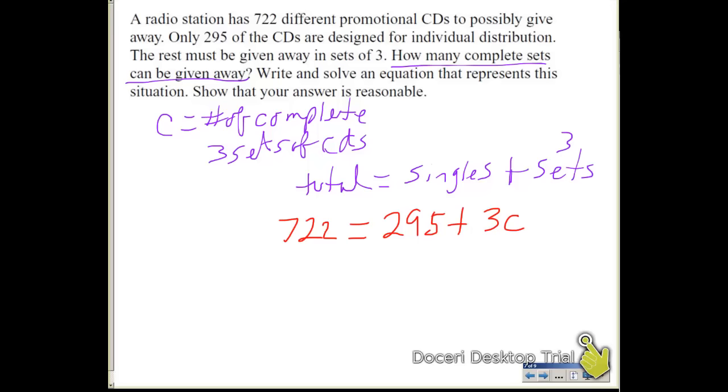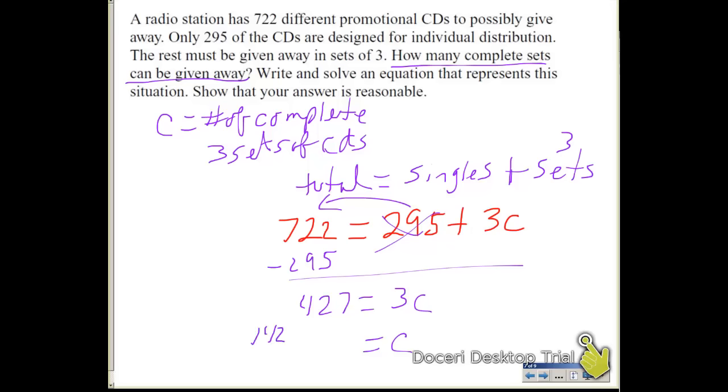Now I want to solve for C. So I'm going to bring my 295 over to this side by subtracting. That leaves me with 427 on the left and 3C on the right. Now I want to divide by 3 on both sides, and I end up getting 142.3 repeating as my number of 3-disc sets.